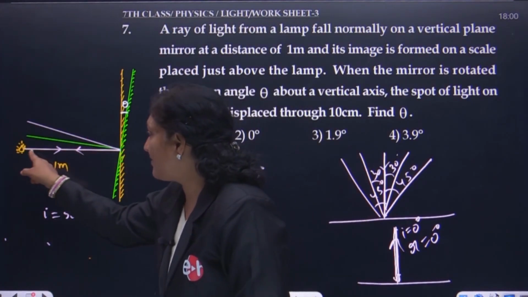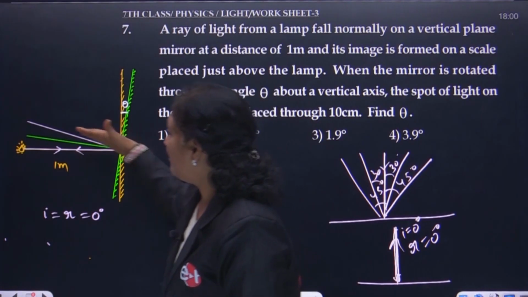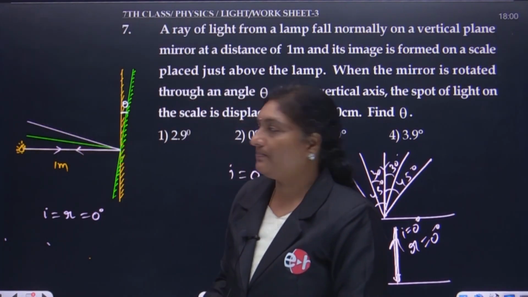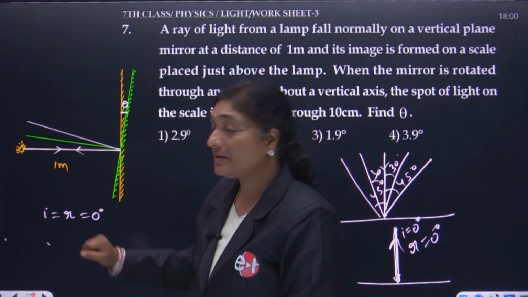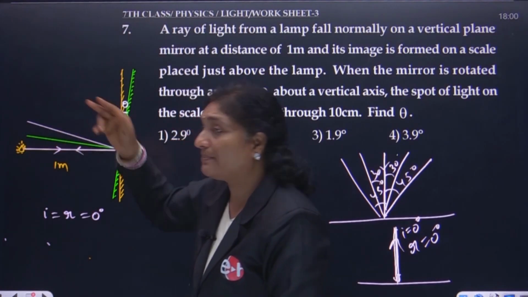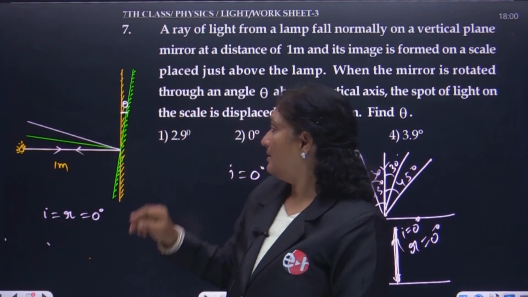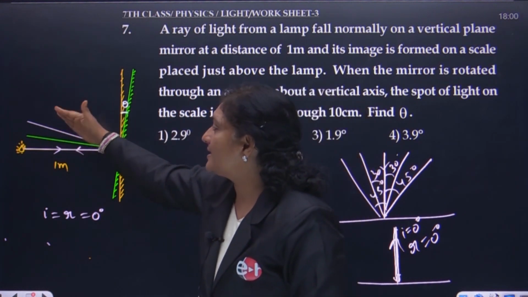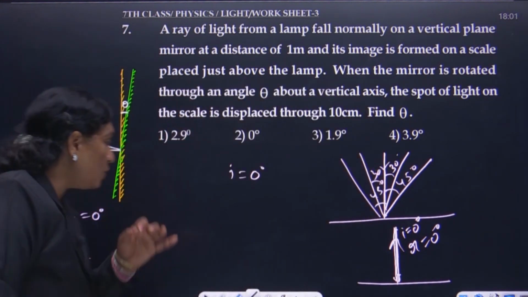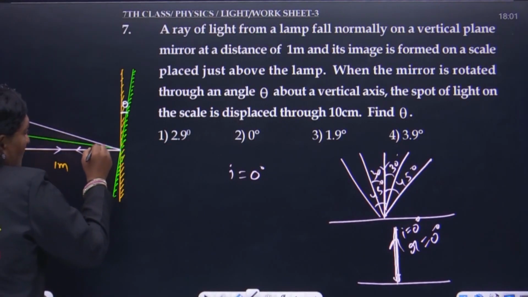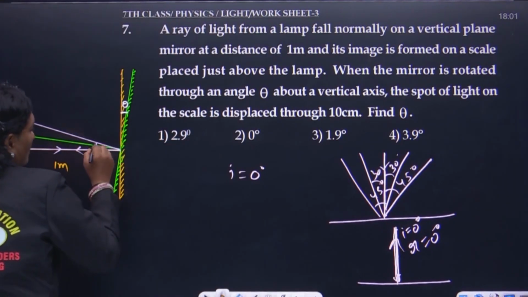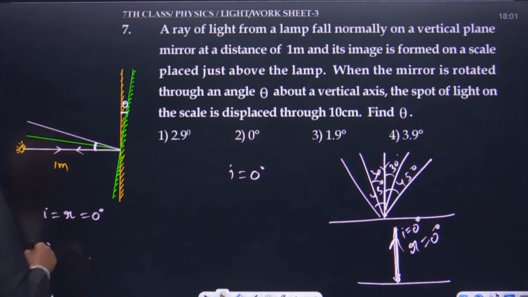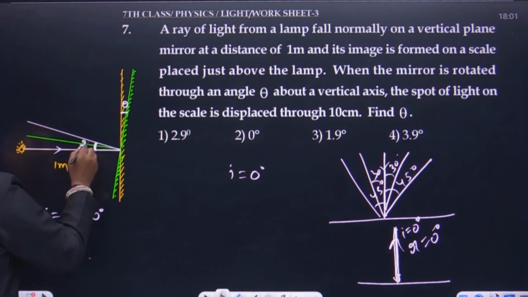So, the initial reflected ray was this and the final reflected ray was the latter one. So, this reflected ray shifted by 2 theta. Mirror turned by theta means the reflected ray shifts by 2 theta. So, no doubt the angle between the first reflected ray and the second reflected ray is found to be 2 theta.